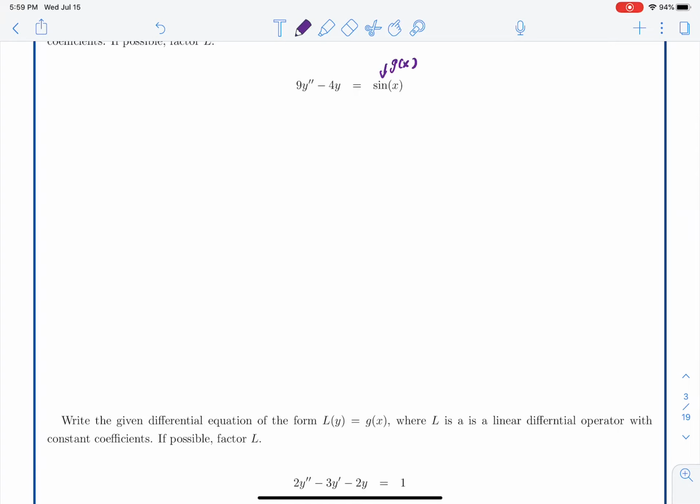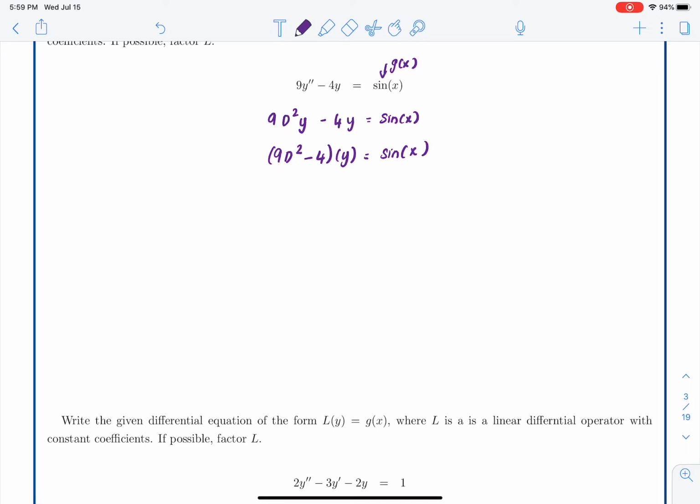Now I could write y double prime as D squared y, and y is simply y. There is no need to take the derivative. So if I pull y out, I would have 9D squared minus 4 multiplied by y equals sine x.